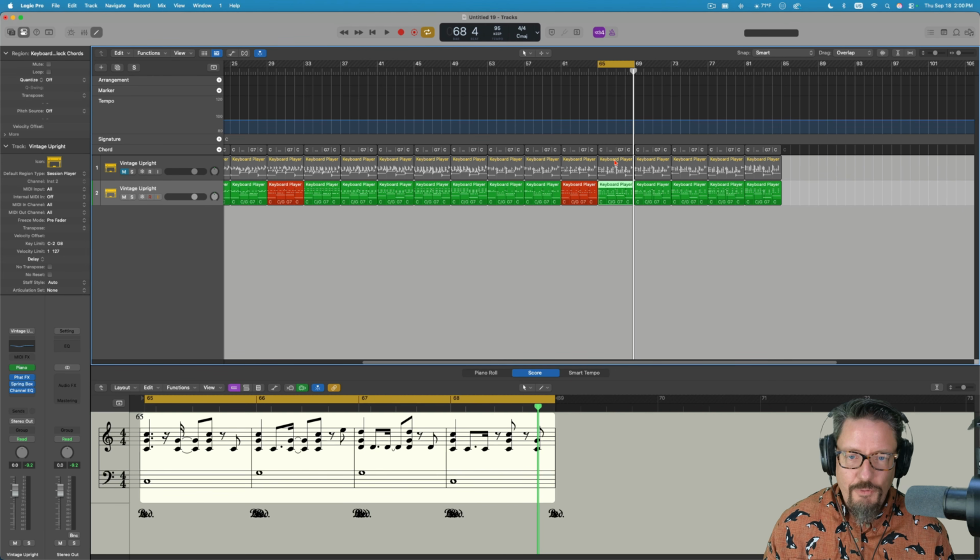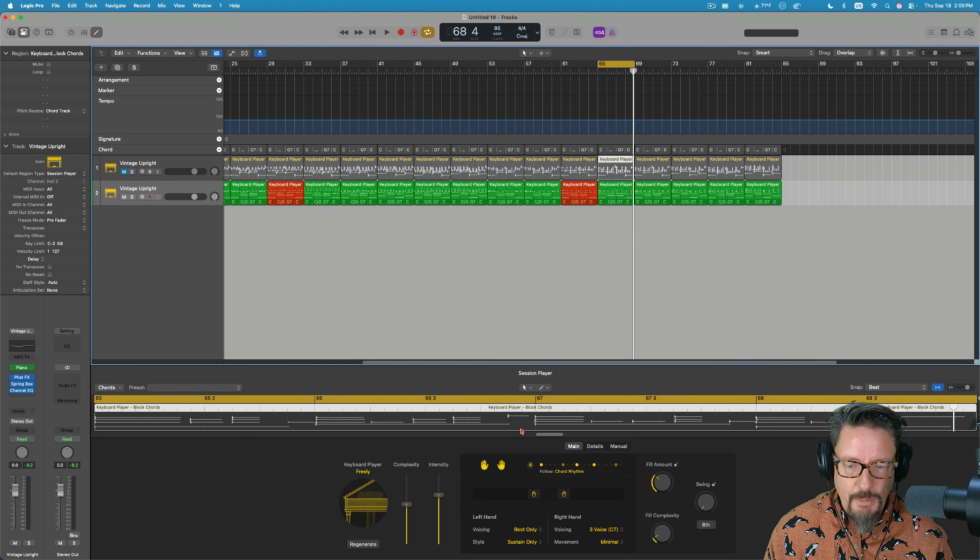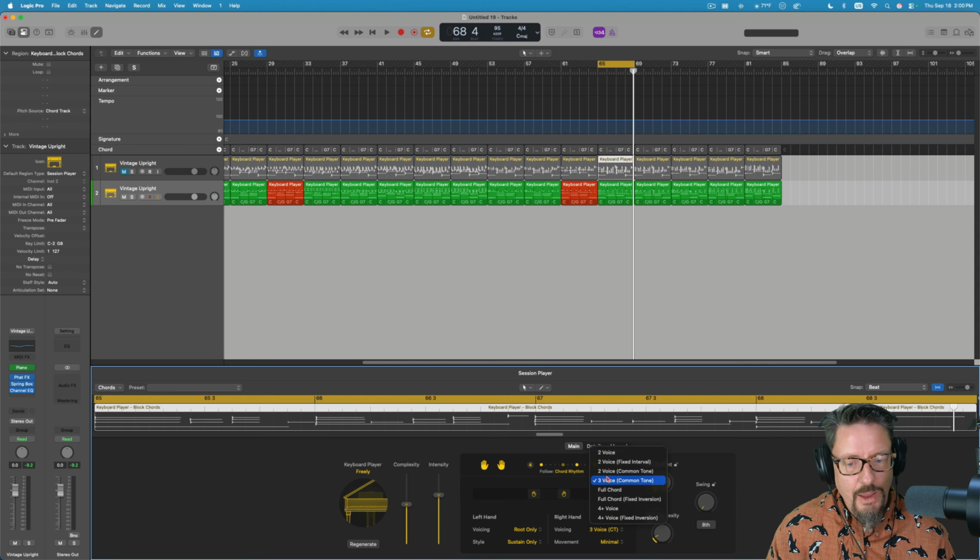But I would say there are a few things that I'm really learning about this. Number one, if I want a really nice light texture with something, I'm going to use the 2 voice, either the 2 voice plain or the 2 voice fixed interval.